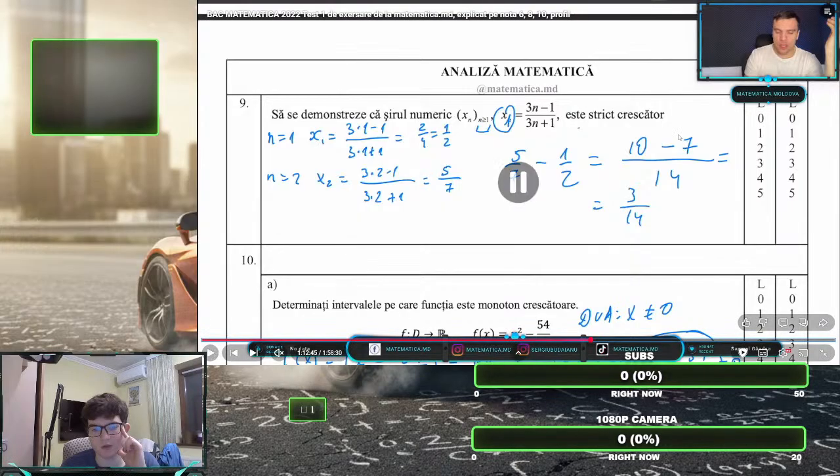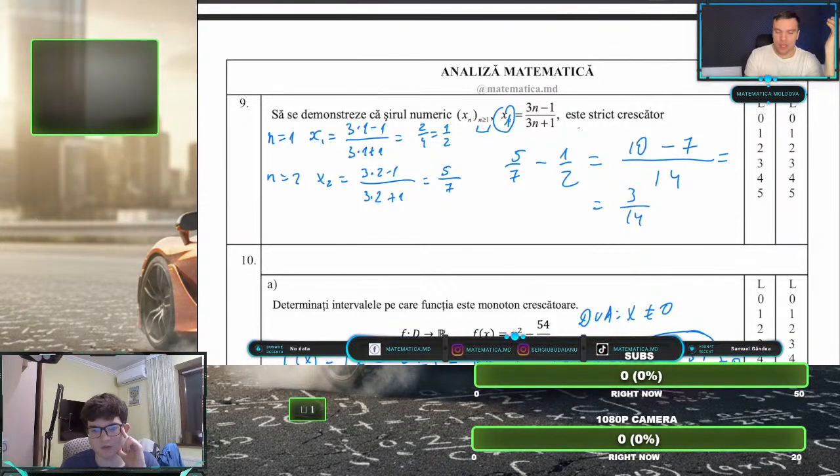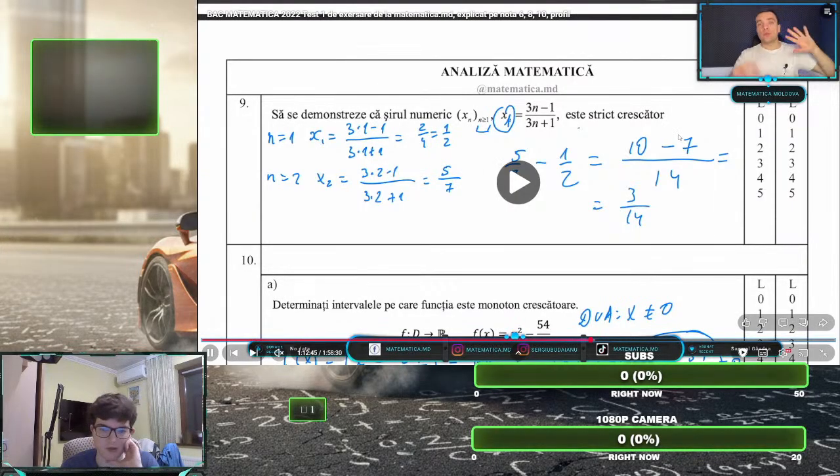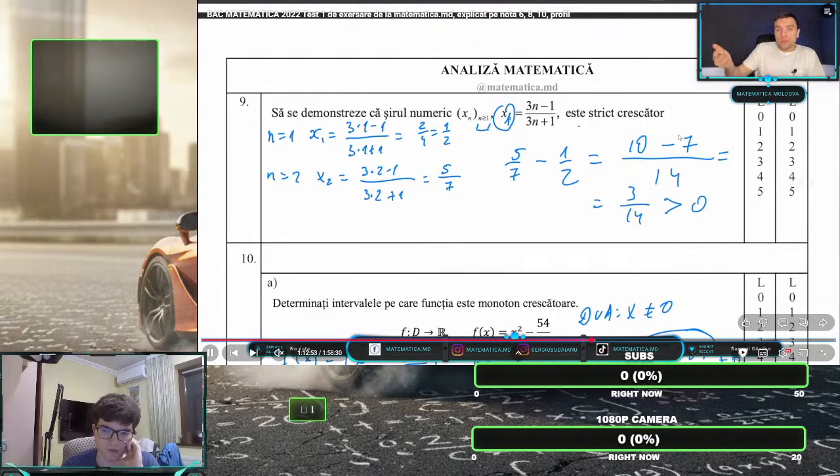I was talking about, yeah, that when it's like, it's going to be 35. No, not 35. 10 minus 7. Yeah, that's that. So it's 3 divided by 14. So that's larger than 0.